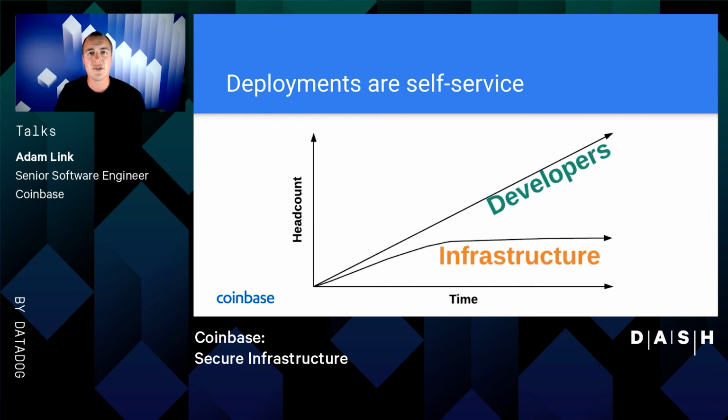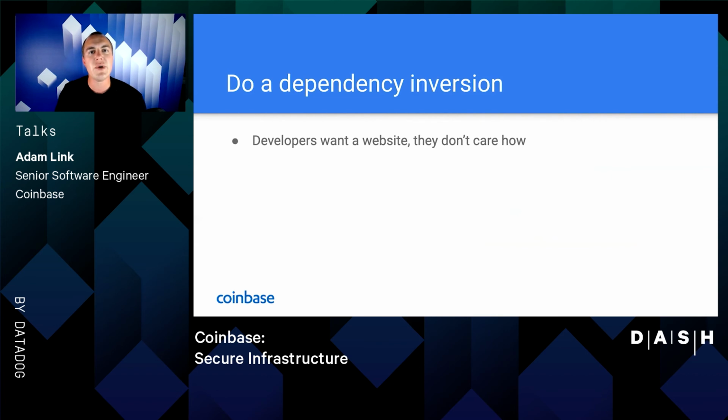As your developers grow, your infrastructure team now grows at a less constant rate. And the objective here is to eventually plateau your infrastructure team in a way that allows you to leverage the tooling that your infrastructure team is building to serve more developers instead of directly adding headcount to meet the increased developer demands. So what we're essentially doing is a dependency inversion, right?